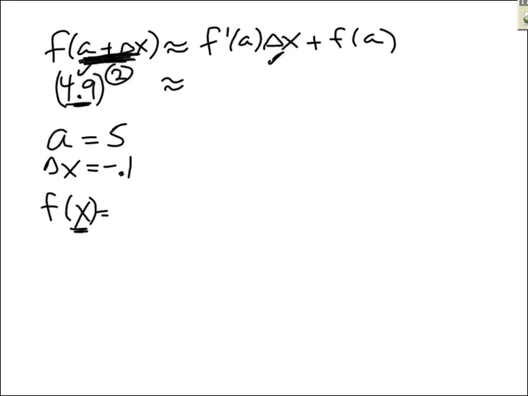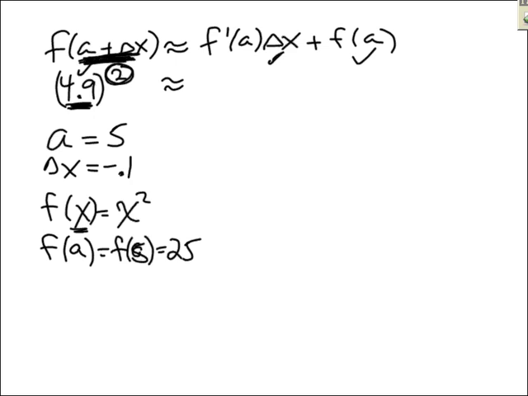What's being done to 4.9 is it's being squared. So I'm going to do the same to x. I'm going to square it. So then I can find f of a. That is f of 5, which is 25.